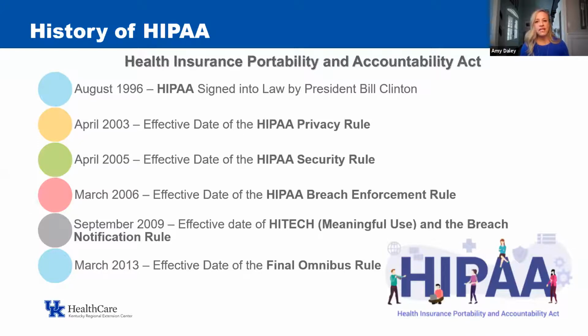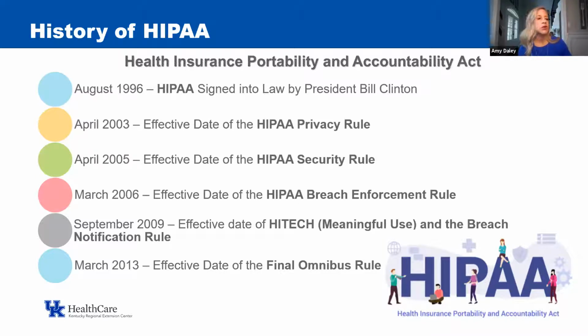Before we go on, I like to provide a general history of HIPAA and where we started and where we've come over the years. HIPAA, as you know, stands for Health Insurance Portability and Accountability Act. In 1996, President Clinton signed into effect the first HIPAA rules.